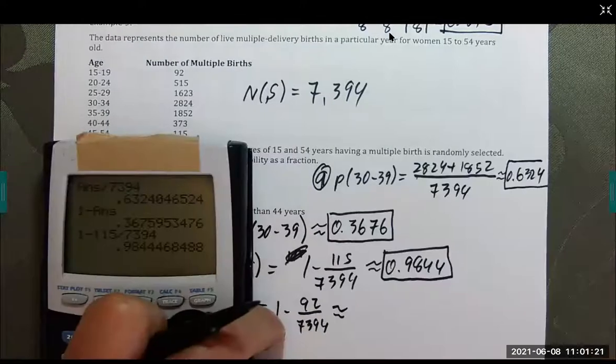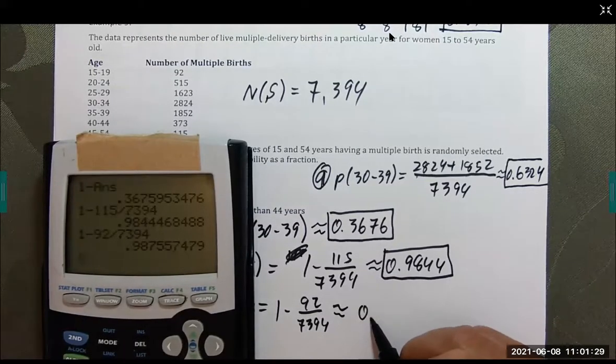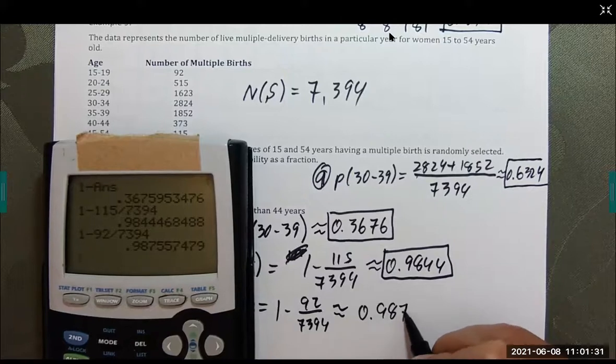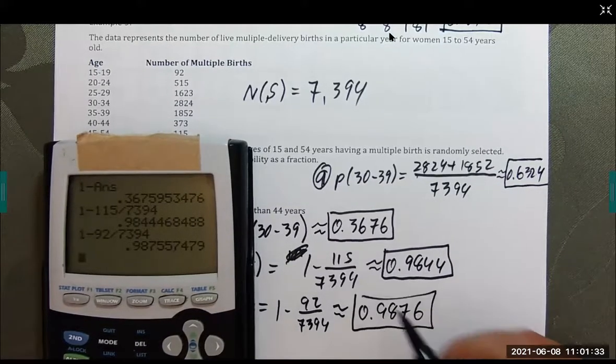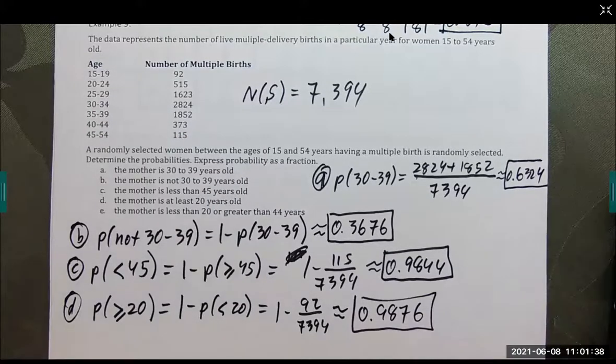So 1 minus 92 divided by 7394. That's even higher, 0.9876. Oh, and they asked for as a fraction. It doesn't matter. It's all the same.